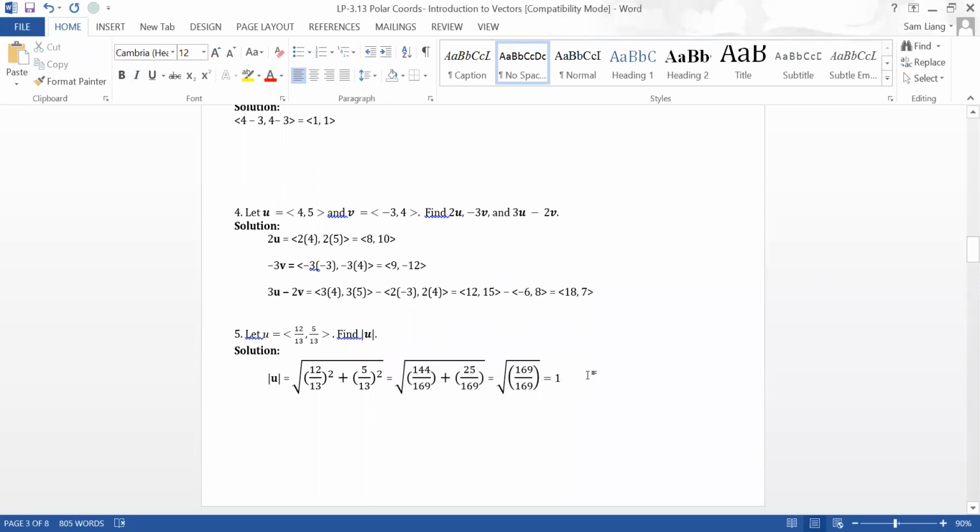In other words, this is a unit vector, which we'll get to in a later lesson. The length of this vector is 1. And you'll see that a unit vector, a vector of length 1, we're going to see it a lot in this unit.